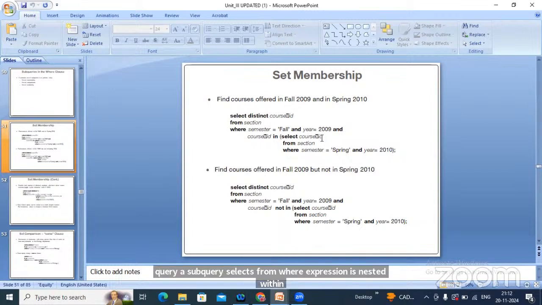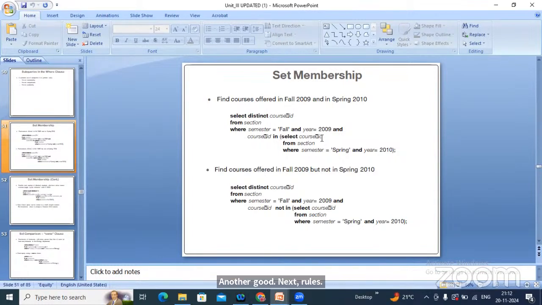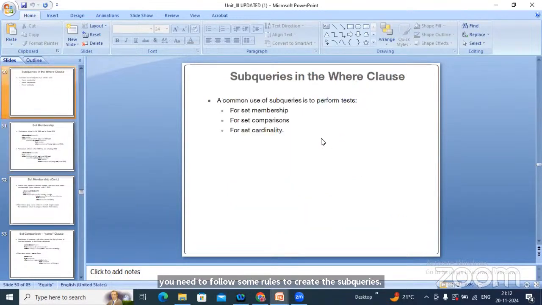Next, rules. You need to follow some rules to create subqueries. Subqueries are always used with select, where and having clauses.